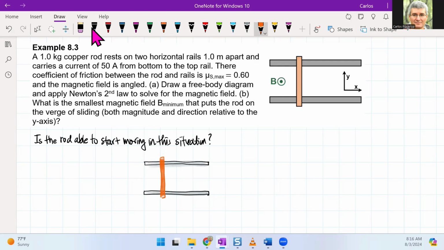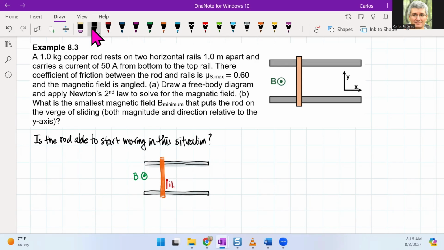So what we're seeing is that we have a magnetic field that's angled and it's coming out. But then I've got to look at the current. So what is the current looking like? All we have to have here is current going through the copper rod like this.